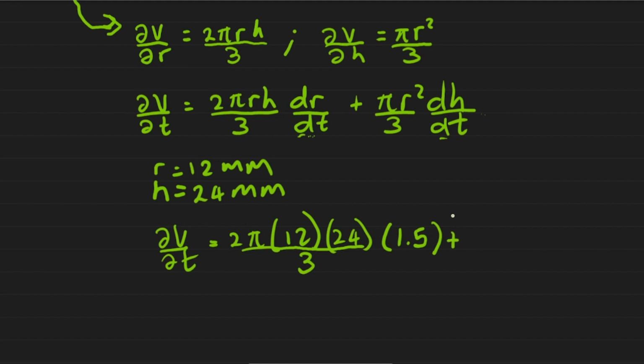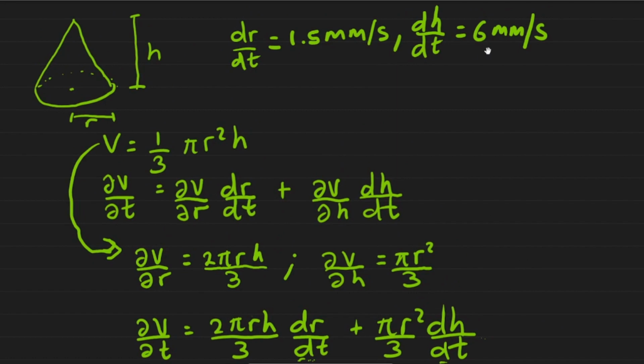And we would add to this πr². Again, r is 12. Square that. Divide this by 3. And our height is decreasing, and we saw that dh/dt to be -6. Sorry, this is a -6 here.